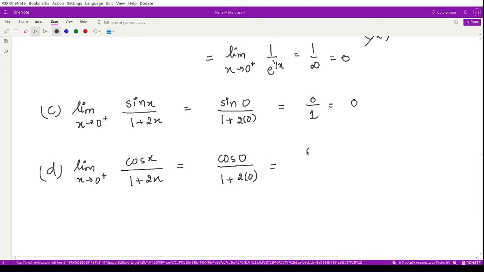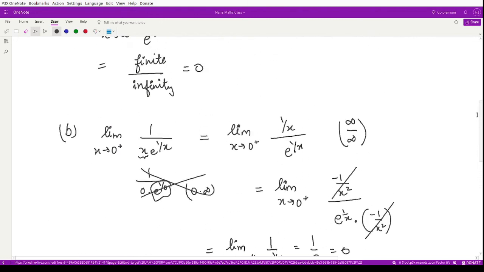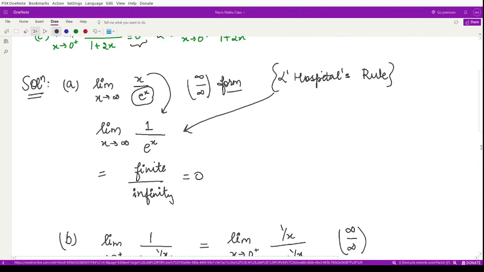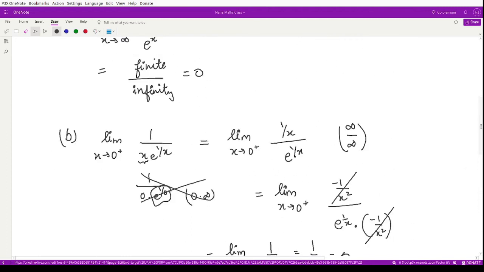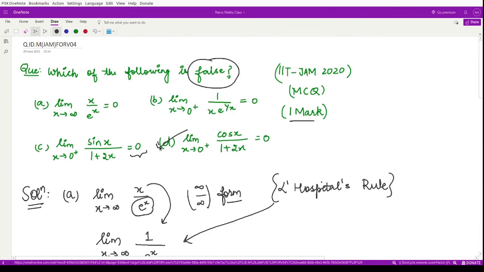Cos 0 you already know is equal to 1, so you have 1 divided by 1, which is equal to 1, but in the option the limit is given to you as 0. So this is the option that comes out to be false. So this forms your answer. Your final answer over here is option number D, right?